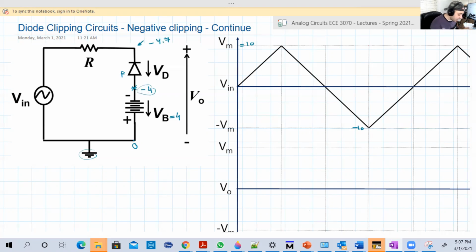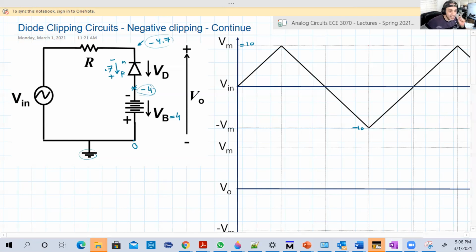When the diode conducts, the voltage P minus N must equal 0.7. That means that P is greater than N by 0.7. When you subtract, minus 4 minus minus 4.7 gives you minus 4 plus 4.7, which is 0.7.